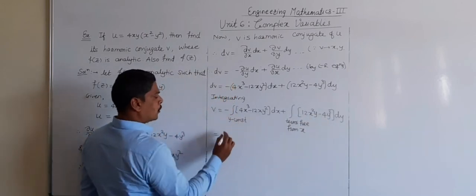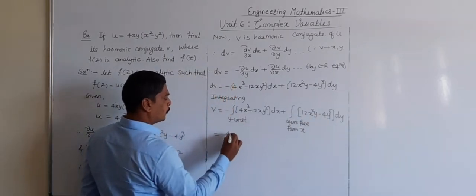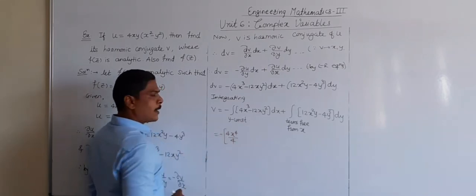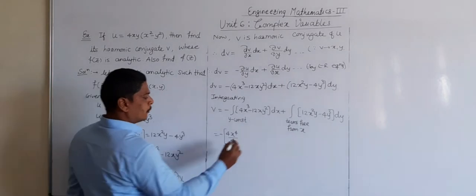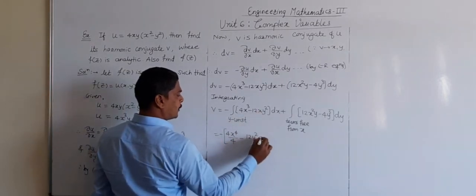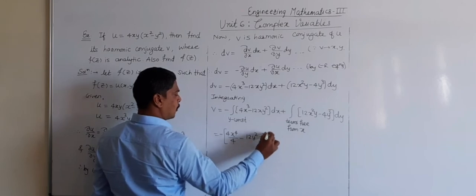So here y is constant, so the integration of 4x cube is 4x raised to 4 upon 4. This minus sign as it is outside the bracket, minus 12y square as it is. The integration of x is x square upon 2 because y is constant.